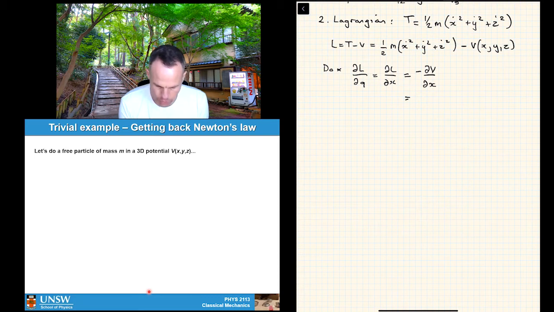And of course, you know from earlier lectures that minus dV on dx is just a force. So it is just the force in the x direction.